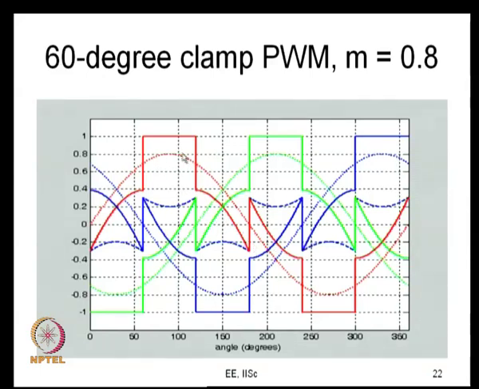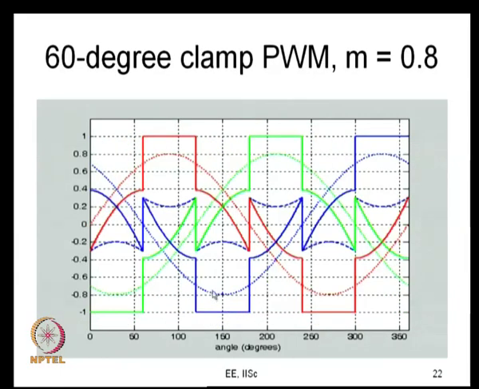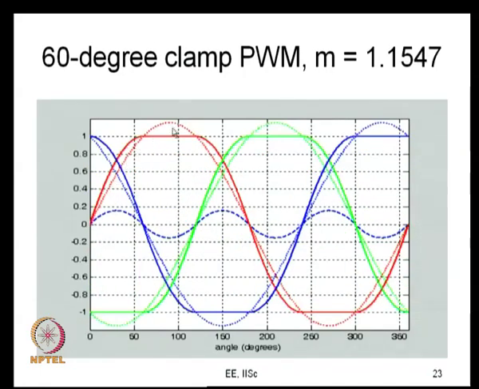So, you are following R and Y alternately, the positive and the negative common mode signals alternately for 60 degrees at the middle. So, this is just the extreme case, that is, I have shown here for a lower value of something like 0.8, I have shown Vm is equal to 0.8. Here I am taking Vm is equal to 2 by root 3. For that I am showing that this would be the resulting modulating signal.